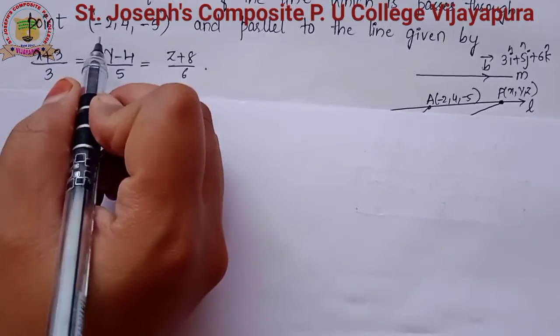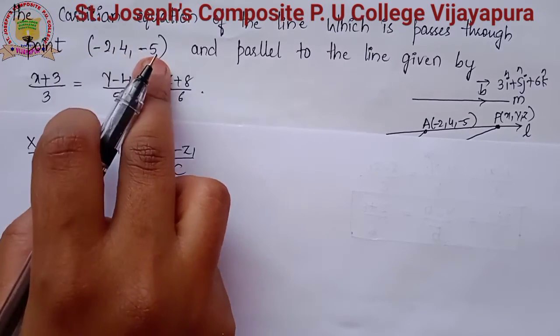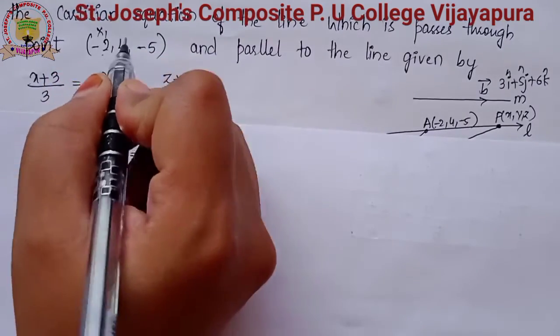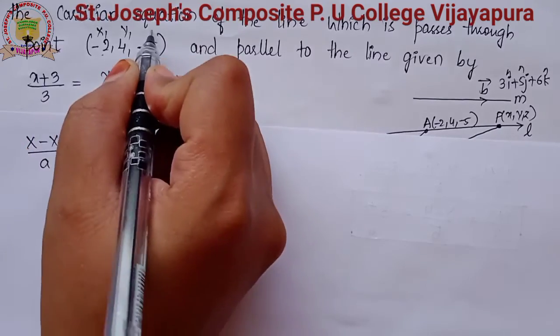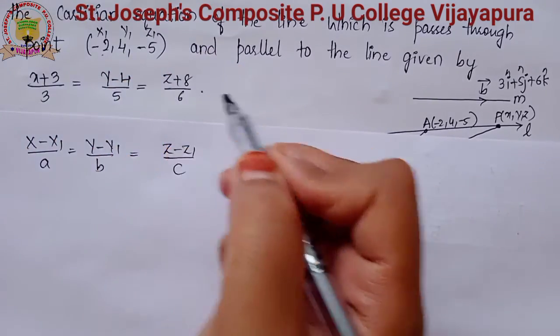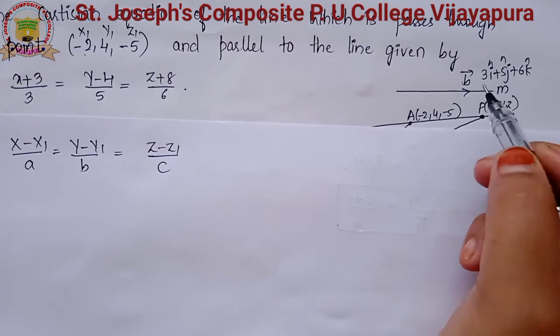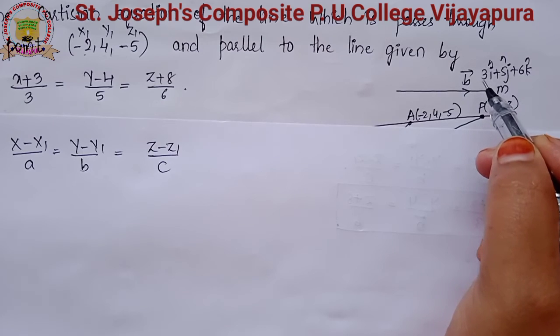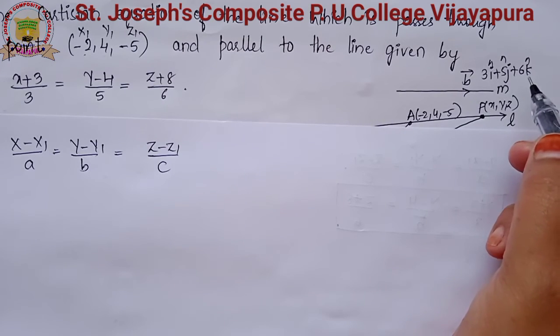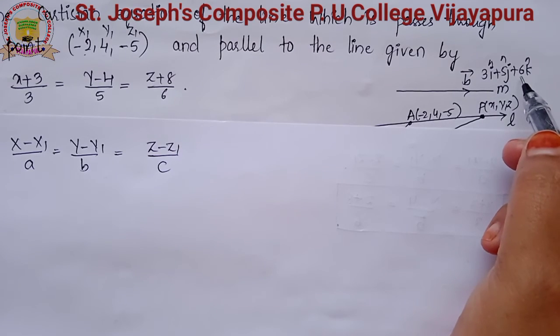Here the line is passing through the point (minus 2, 4, minus 5). So our x1 becomes minus 2, y1 becomes 4 and z1 becomes minus 5. And it is parallel to the vector which we already calculated as 3i plus 5j plus 6k. That is, a is equal to 3, b is equal to 5 and c is equal to 6.